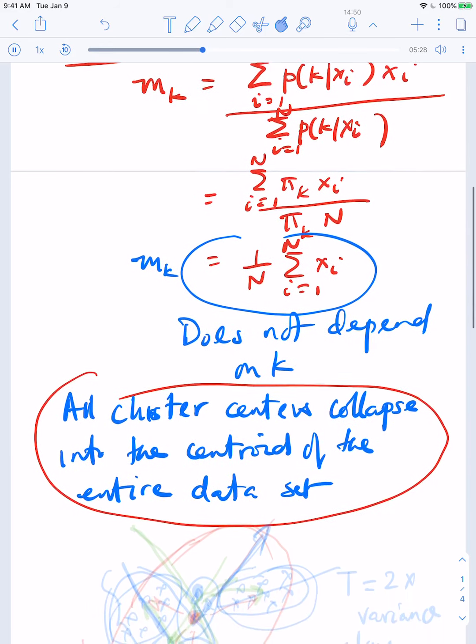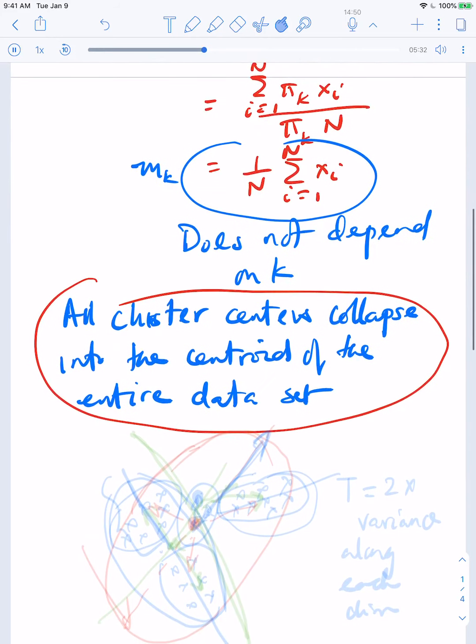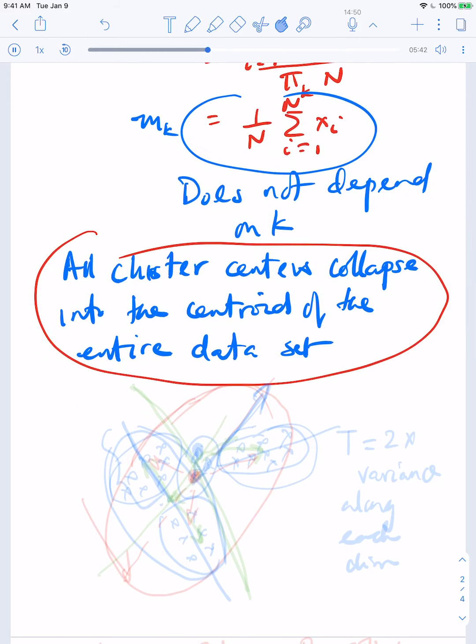Now, the idea of deterministic annealing is that I slowly start reducing the temperature and see what happens. So let me try to illustrate with a rough sketch what might happen. Suppose I have data that is generated from a Gaussian mixture of three components. I'm just going to make these up as I go.